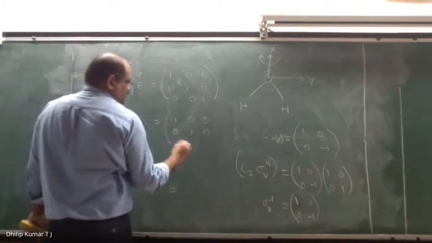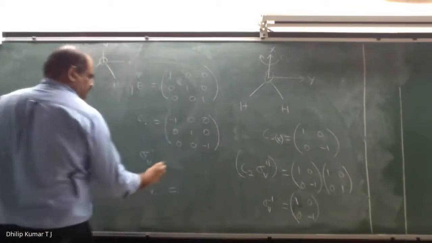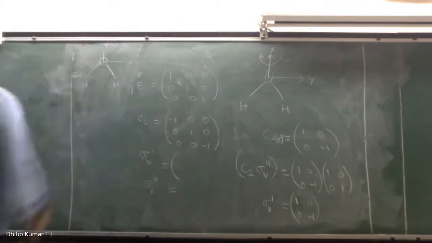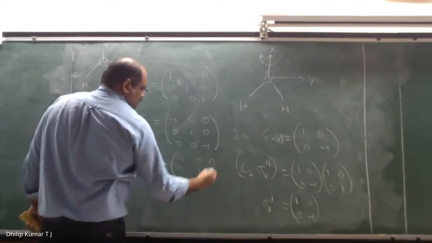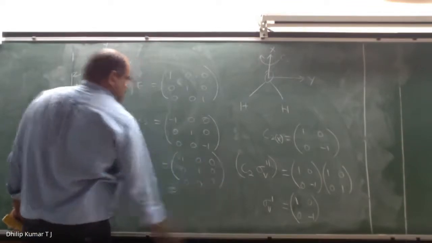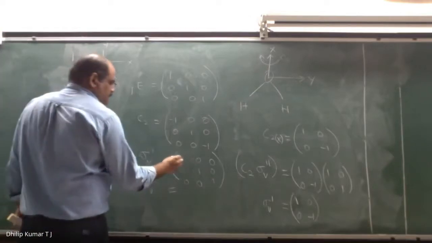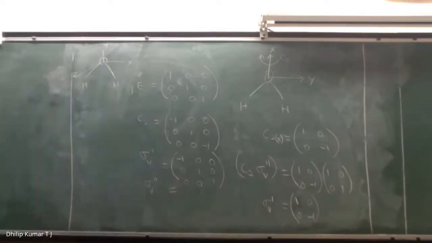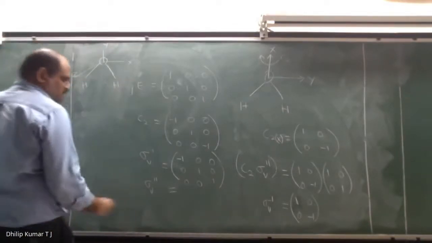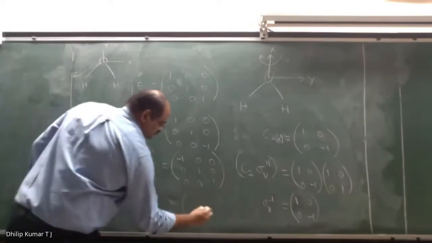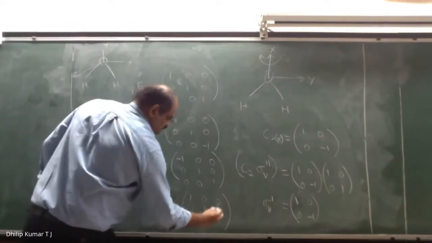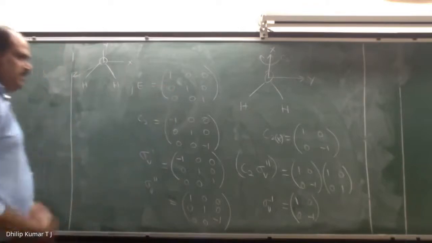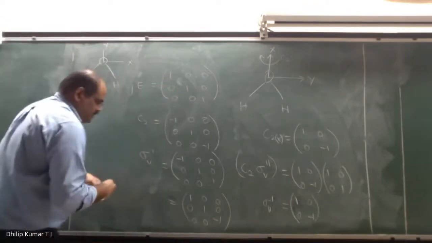Z will become minus z. For sigma v, I'm just bisecting it, so z and y are not going to change. And then for sigma v double prime, we are placing it on the plane, so just z becomes minus z. So you get this, which is sigma v double prime.